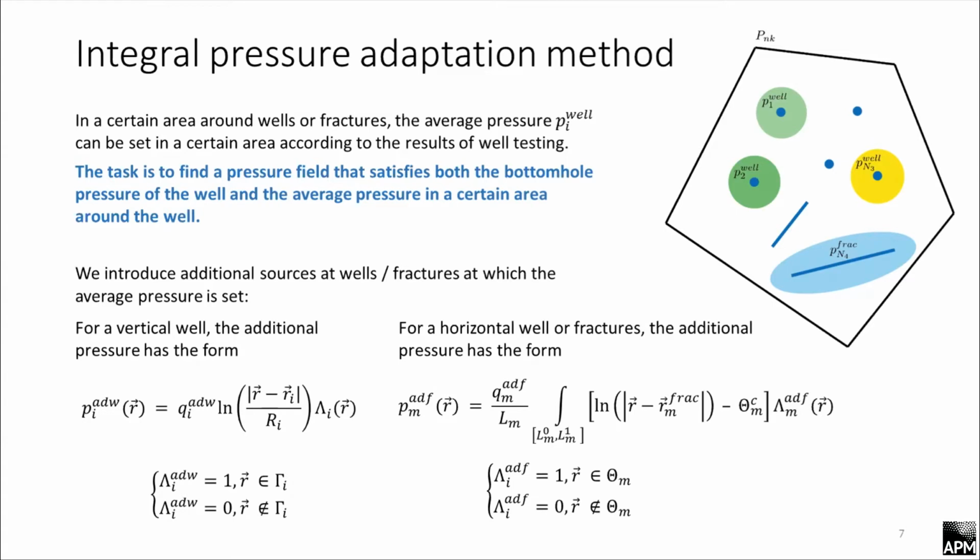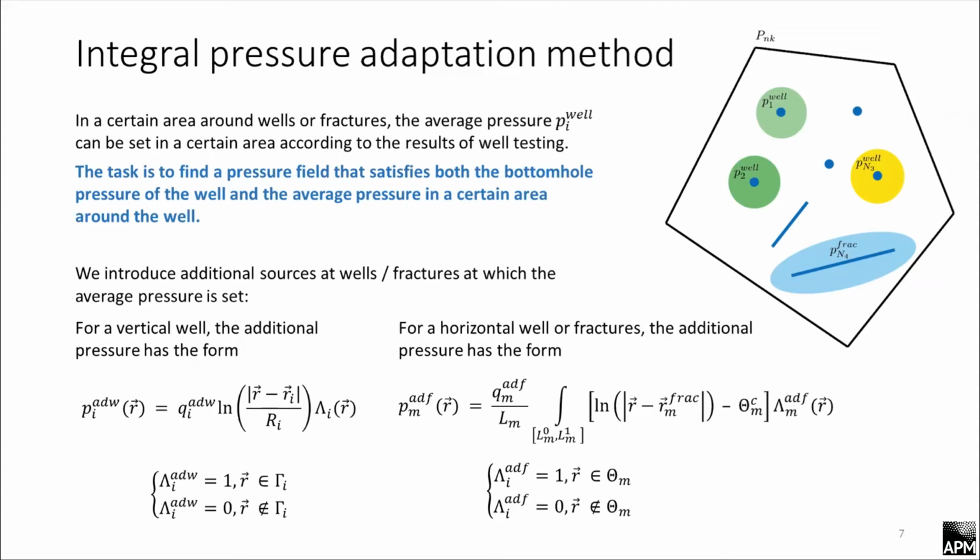So we introduce some additional sources which will give some additional pressure around the wells, which satisfy this average pressure, and do not change the pressure outside this area in which the average pressure is given, and also do not change the bottom hole pressure.